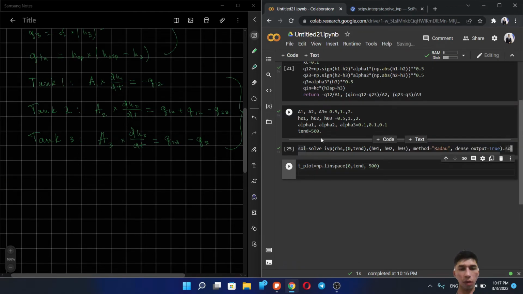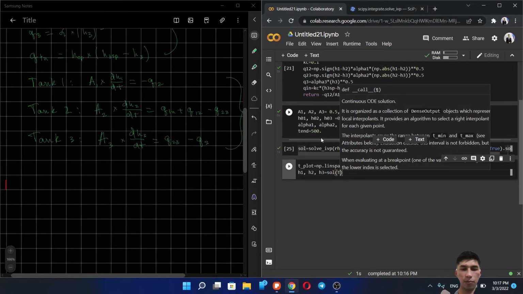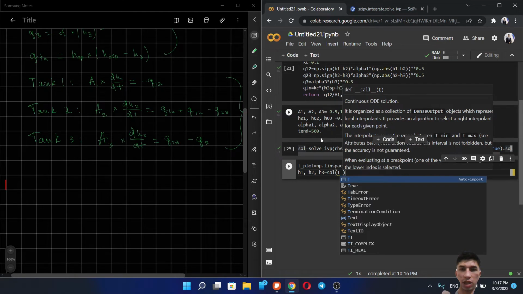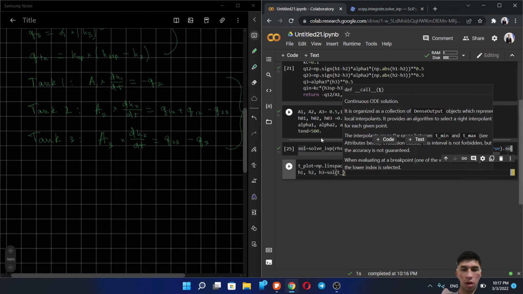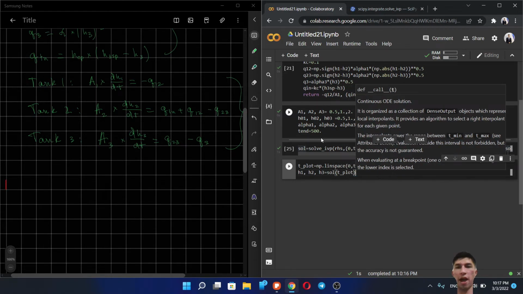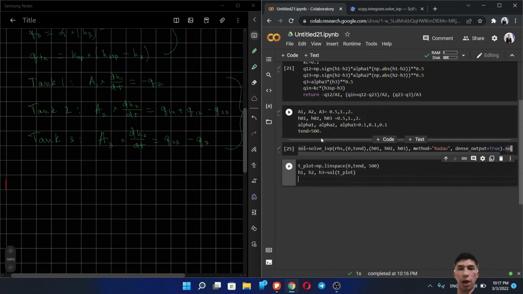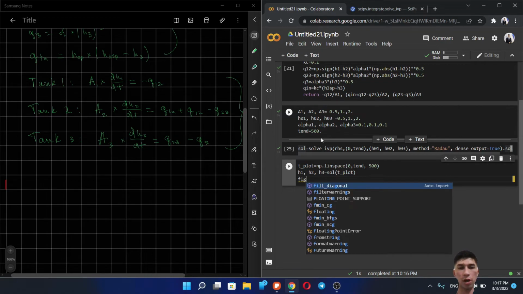And for our heights that we're gonna plot, let's use the sol function now. It should take the t plot as a value for time.